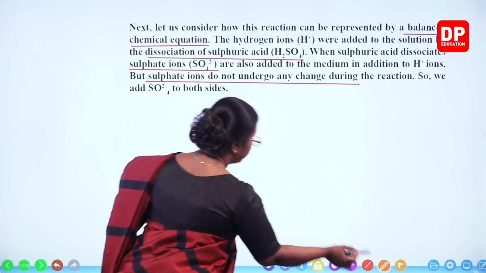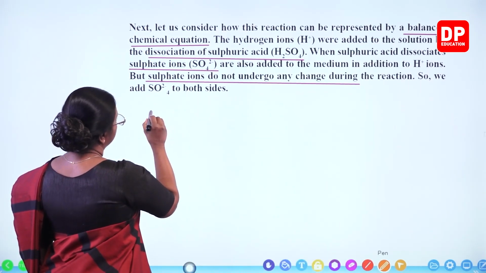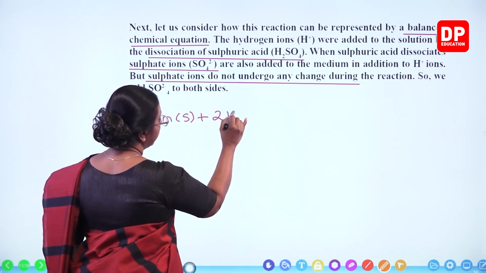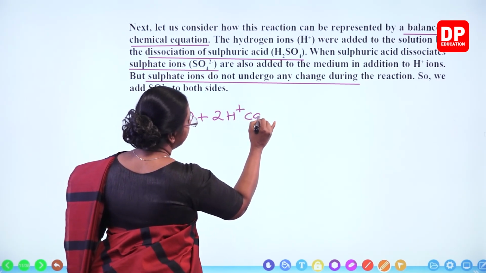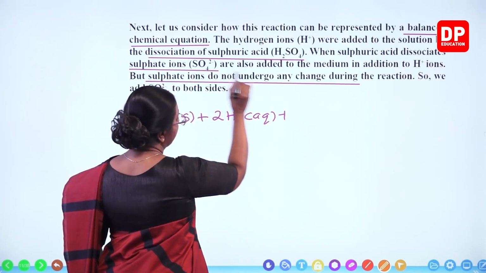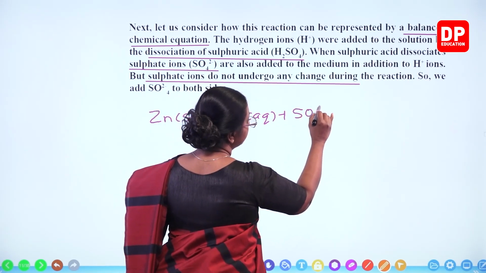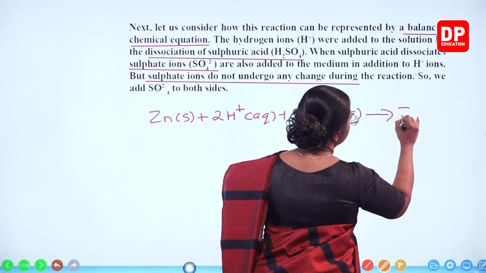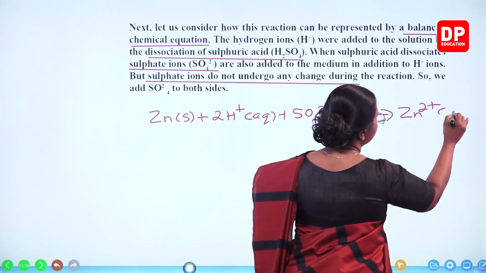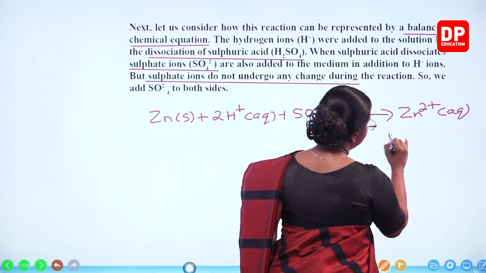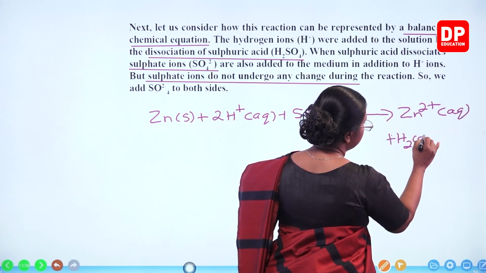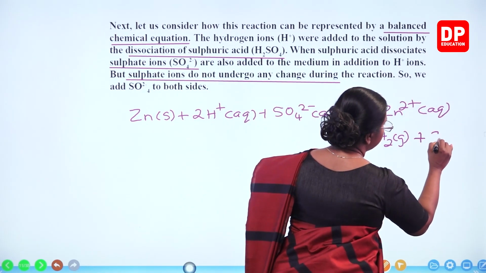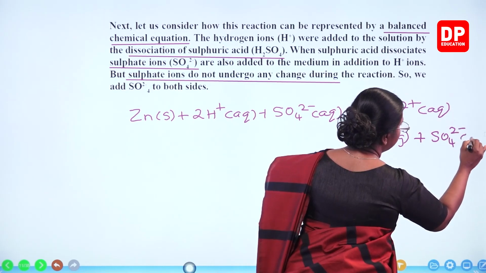So we got zinc solid plus 2H plus aqueous, plus you add sulfate ions SO4 2 minus aqueous, giving rise to zinc 2 plus aqueous plus H2 gas, and in addition to that you have SO4 2 minus aqueous.